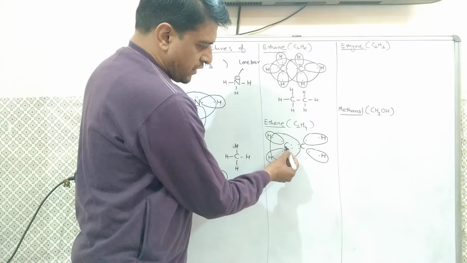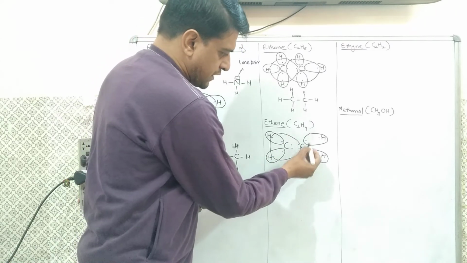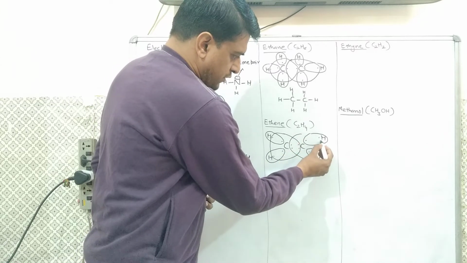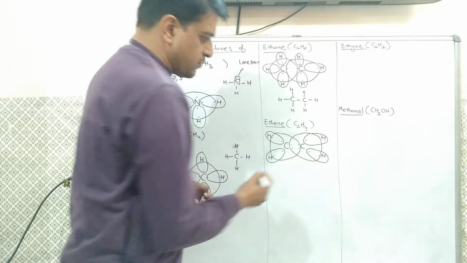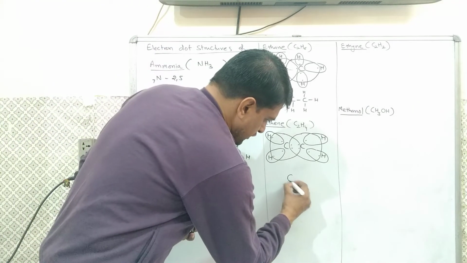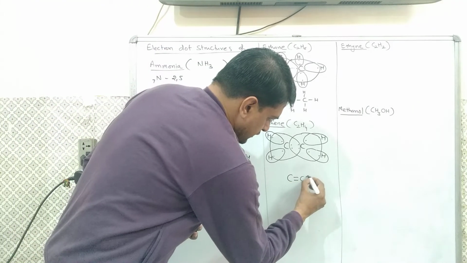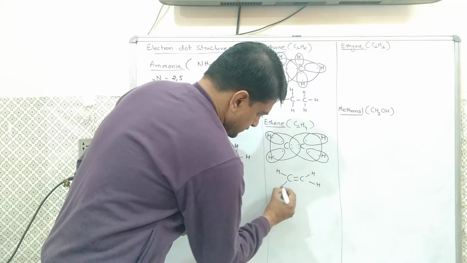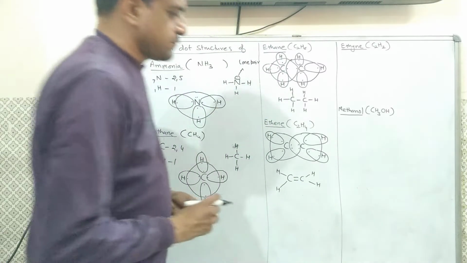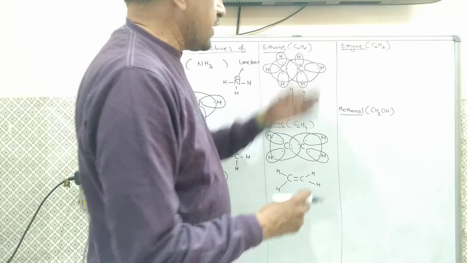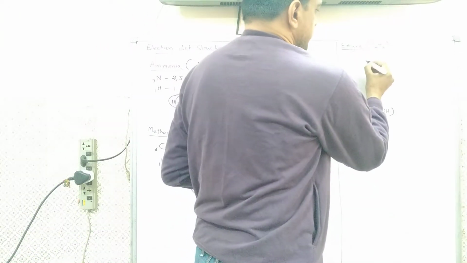Now it is having 8 electrons. Now this second carbon will also share 1 electron from this, and it becomes 8 electrons. Now the final structure for ethene will be like this. This is ethene.